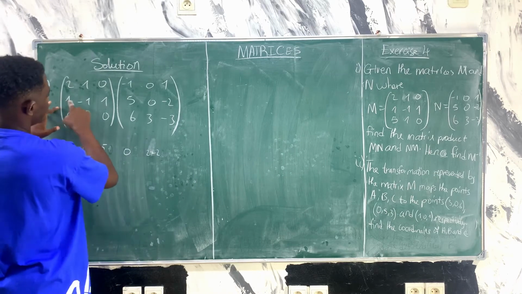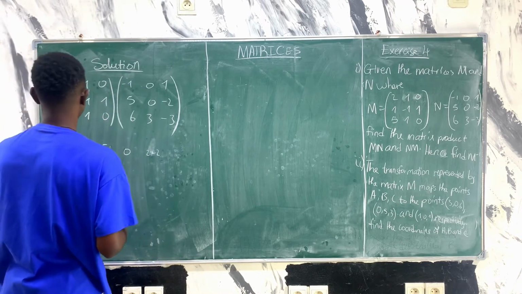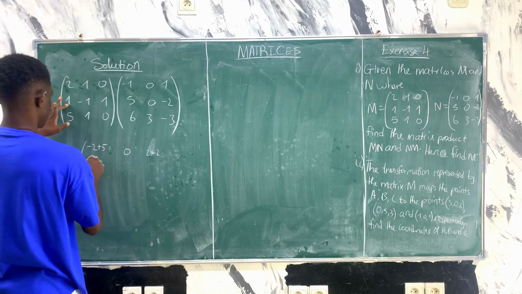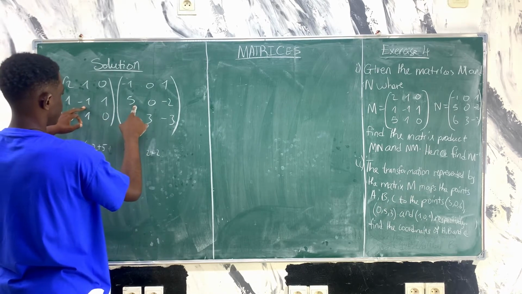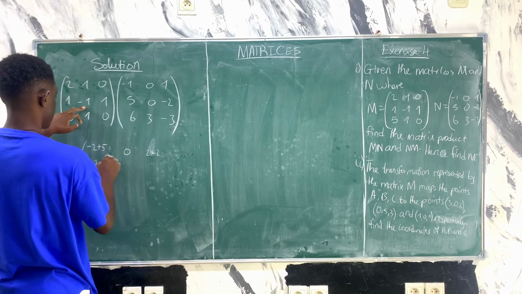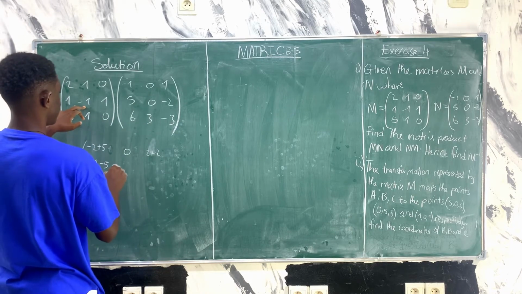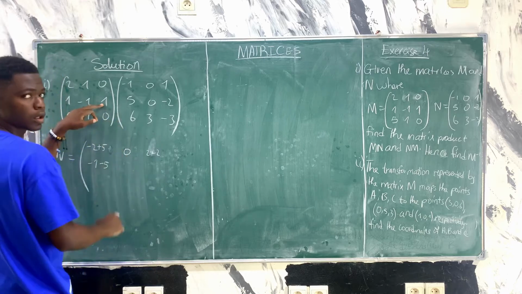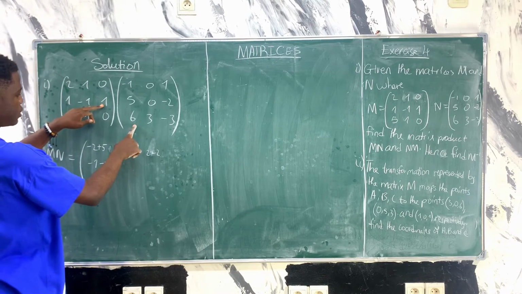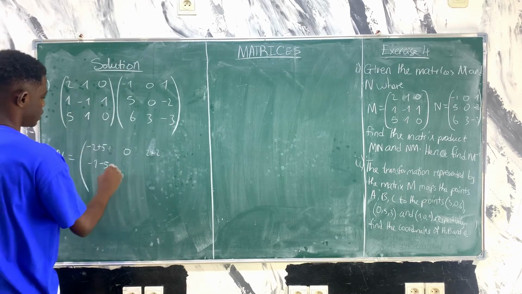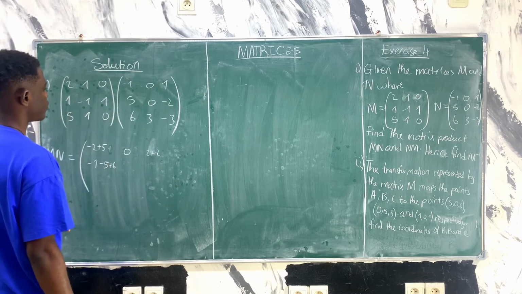Then we multiply the second row by the first column. So 1 times minus 1 is minus 1. Minus 1 times minus 5 is minus 5. 1 times 6 is 6.